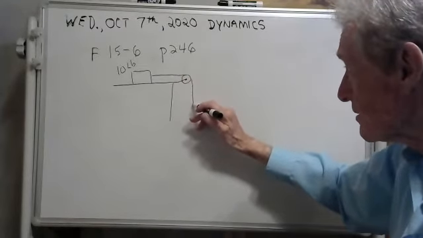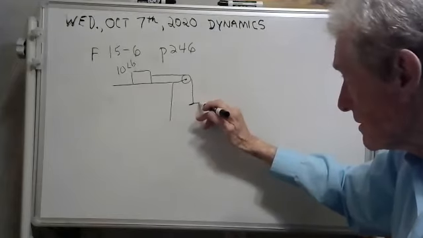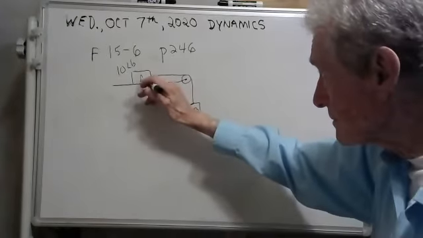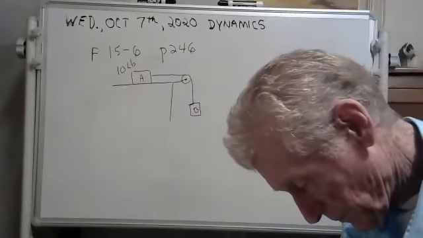And this goes down to a body B. That's a 10-pound block.